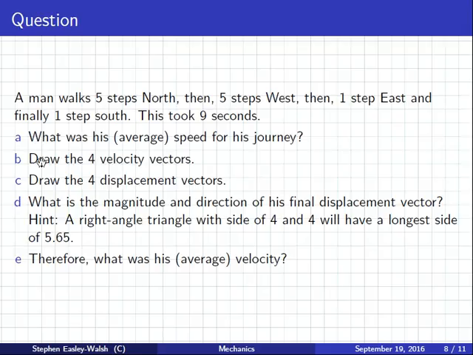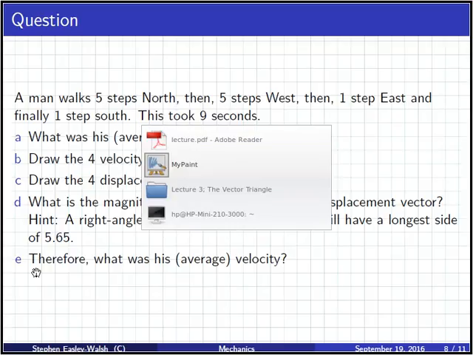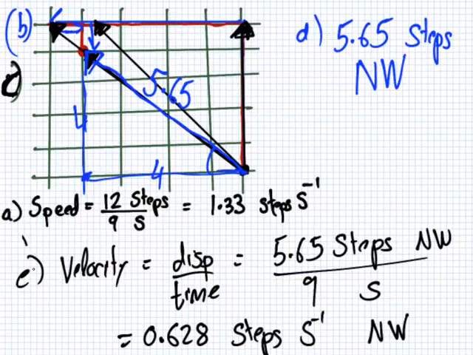They won't ask you this, but can you see that I needed to do this to understand how to do the last part? So in the exam for section A, the question would be, a man, blah, blah, what is his average velocity? You won't have these parts broken down. So basically the steps to calculate the average velocity are A, B, C, D.